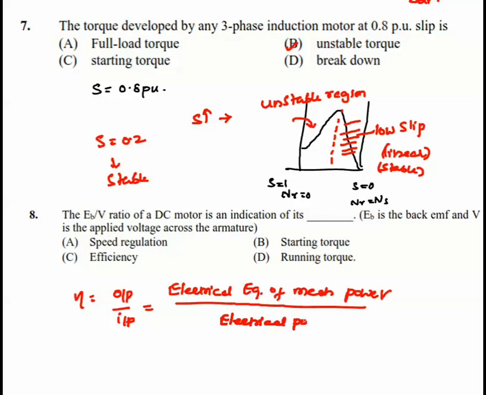By neglecting the losses, we can write this equation as EB into armature current IA divided by V into IA. IA gets cancelled, so EB by V indicates the efficiency of the DC motor. Suppose they asked for V by EB, it would indicate the efficiency of a generator, just the opposite.